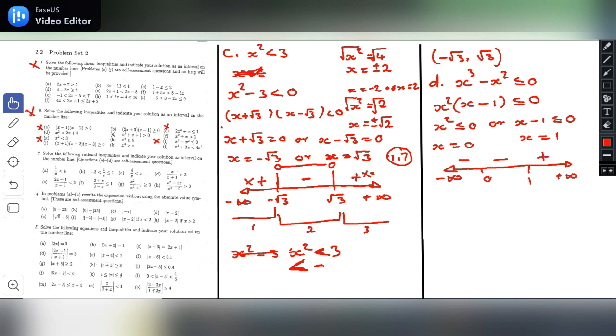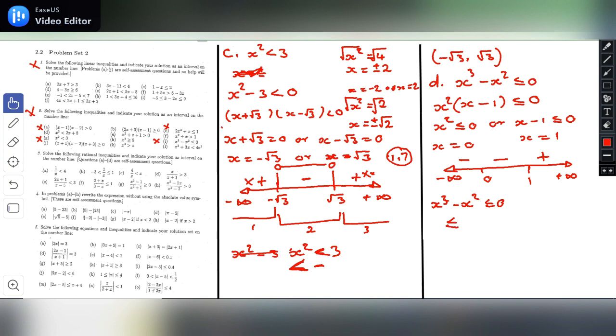After writing down like this, we know that we need to check the original equation. You're not supposed to write this whenever you're solving this question. I'm just writing it down so that you can see which one I am talking about when I say the original equation. So after writing it down like this, you check the sign of the original equation. The sign of the original equation is less than or equals to.